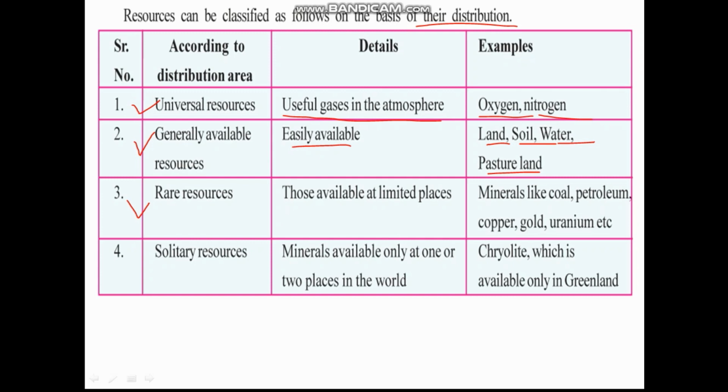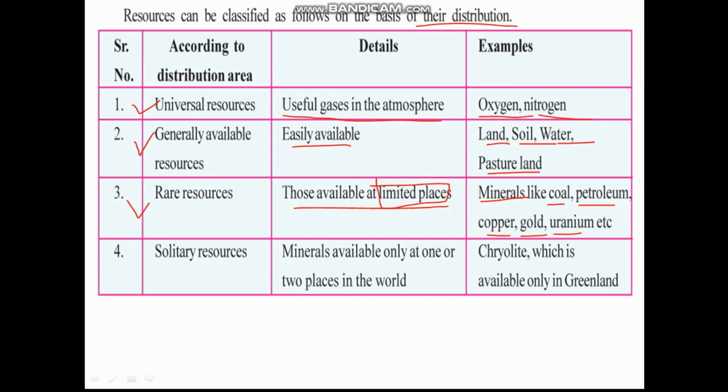Third are rare resources, those available at limited places. Limited places means not available everywhere, but only at a limited place. Examples: minerals like coal, petroleum, copper, gold, uranium, etc. Many of the minerals are only available at certain places.